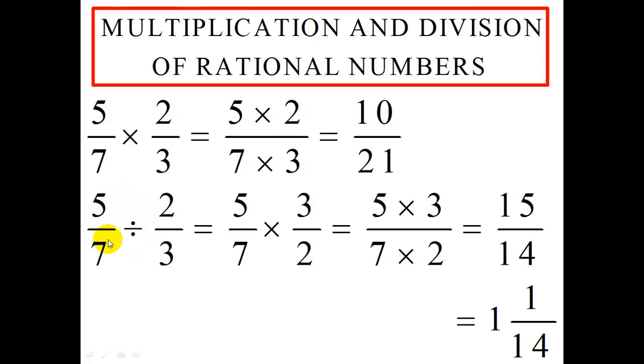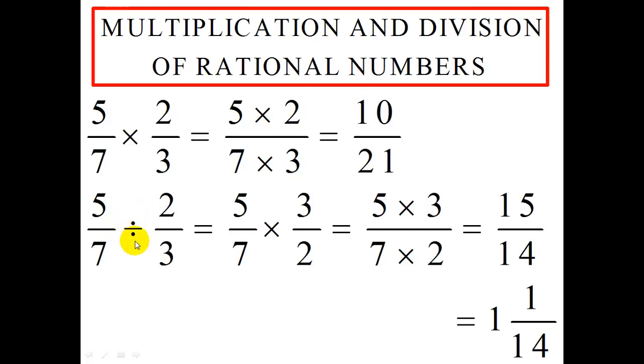Now let's look at division. 5 over 7 divided by 2 over 3. This is equal to 5 over 7. Now with division of rational numbers, we have to change the division sign to a multiplication sign.